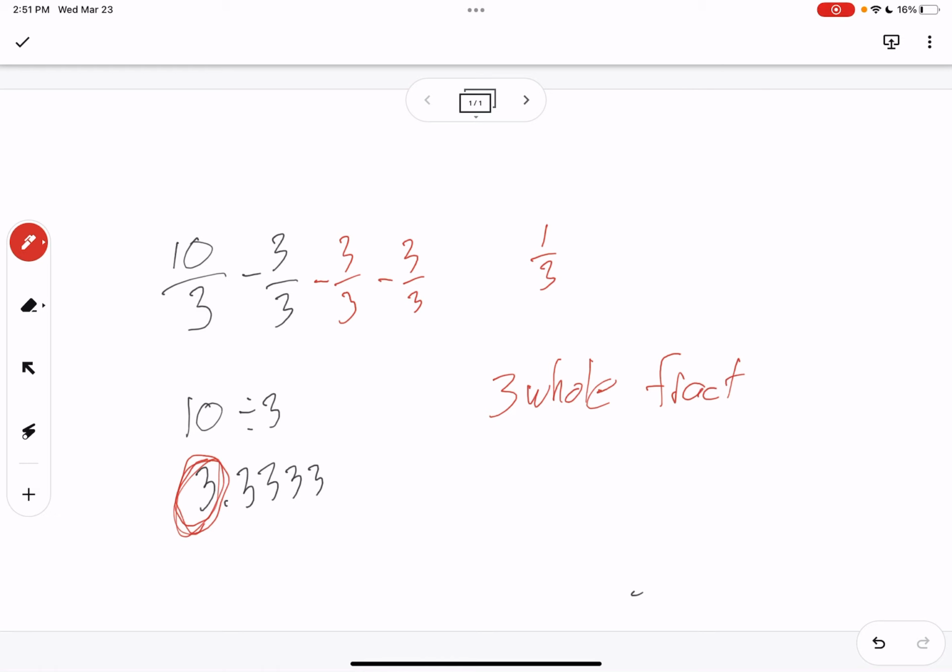And what's my remainder? 10 divided by 3 is 3 with a remainder of 1. So that 1 becomes my numerator, and the denominator was 3, so that stays the same. Okay? Let's do another one.